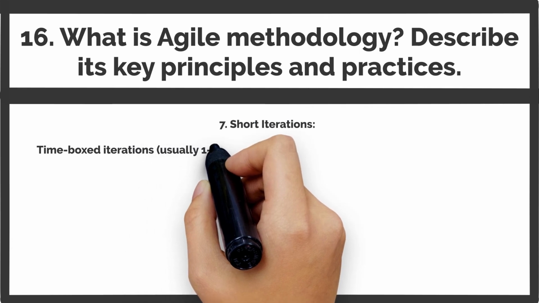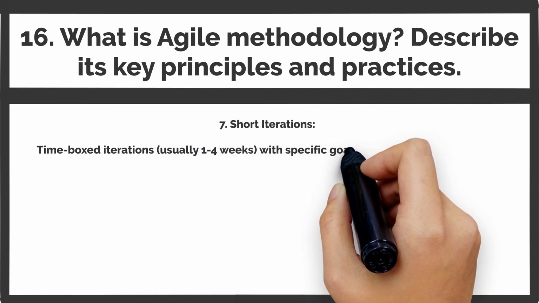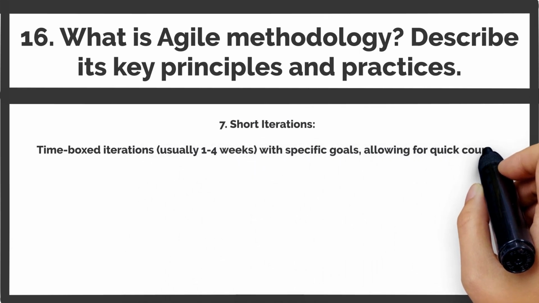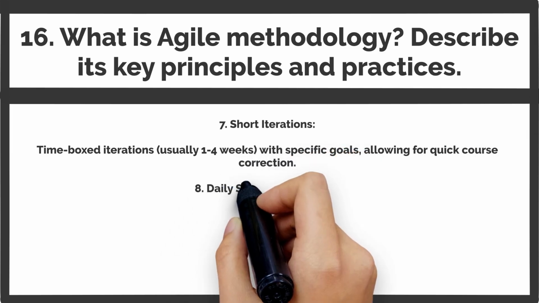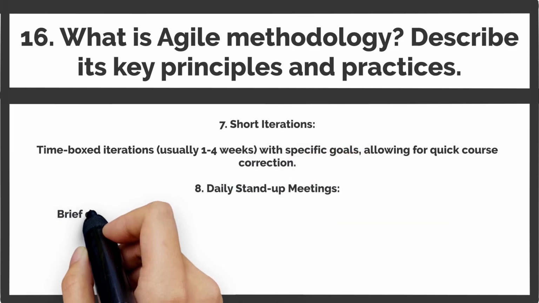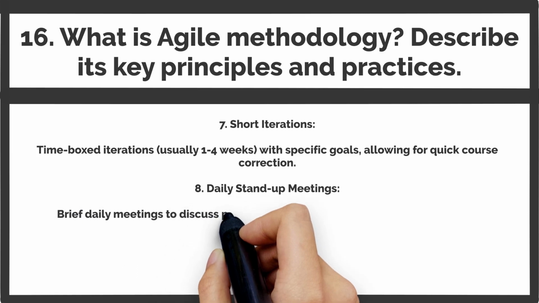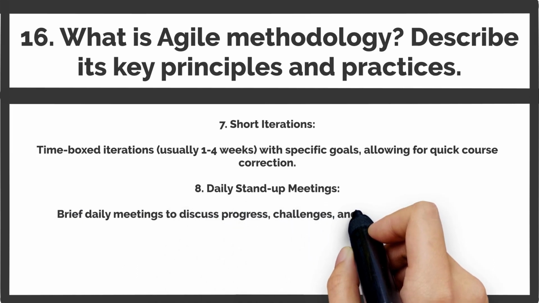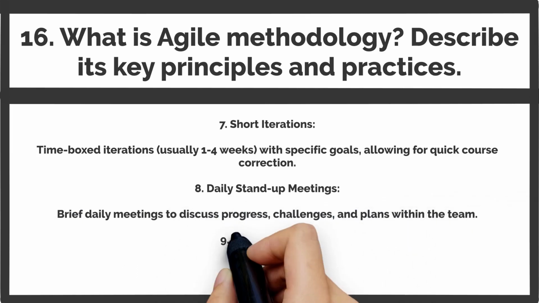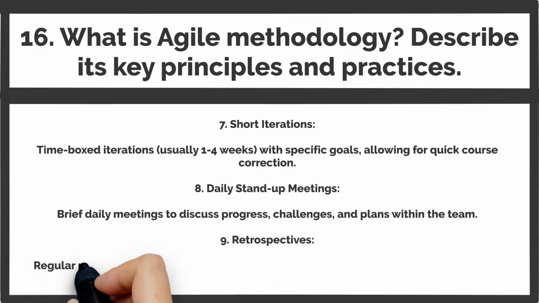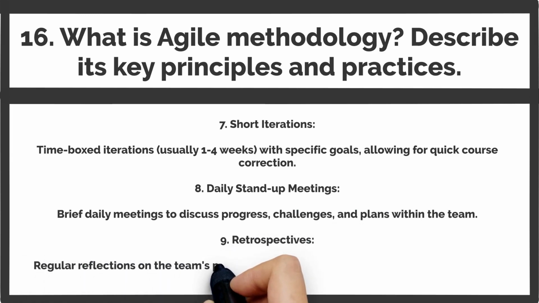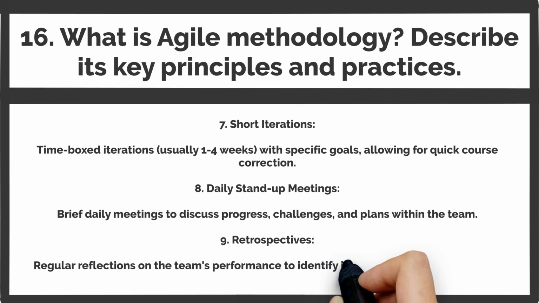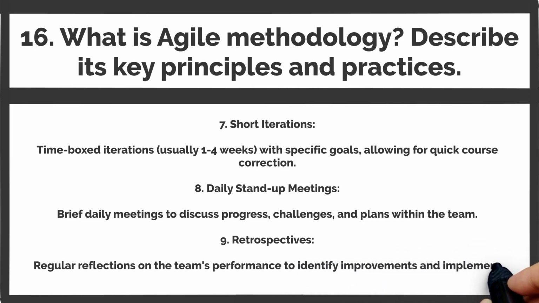Time-boxed iterations, usually 1 to 4 weeks, with specific goals, allowing for quick course correction. 8. Daily stand-up meetings. Brief daily meetings to discuss progress, challenges, and plans within the team. 9. Retrospectives. Regular reflections on the team's performance to identify improvements and implement them.